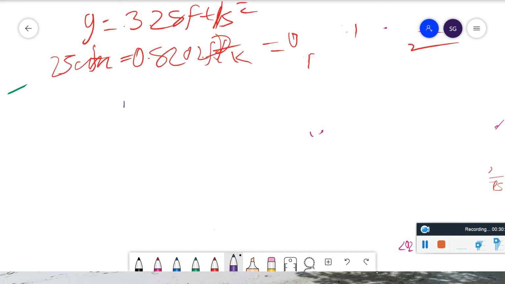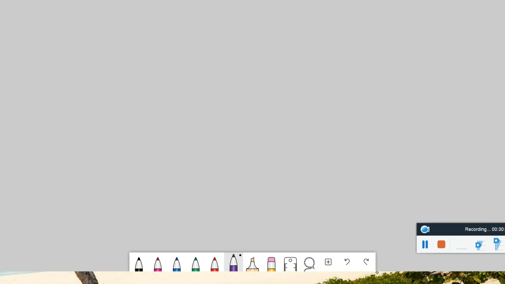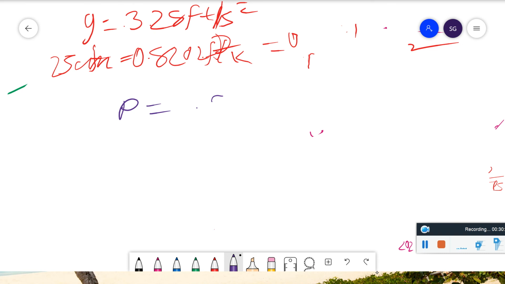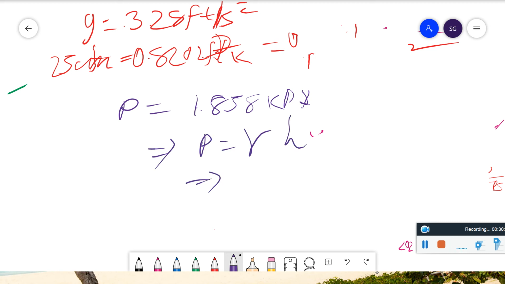P. We have already found P in CGS unit that it is 1.858 kilopascals. Fine. And P is equal to gamma H. Gamma is nothing but 0.80 into 9.81.